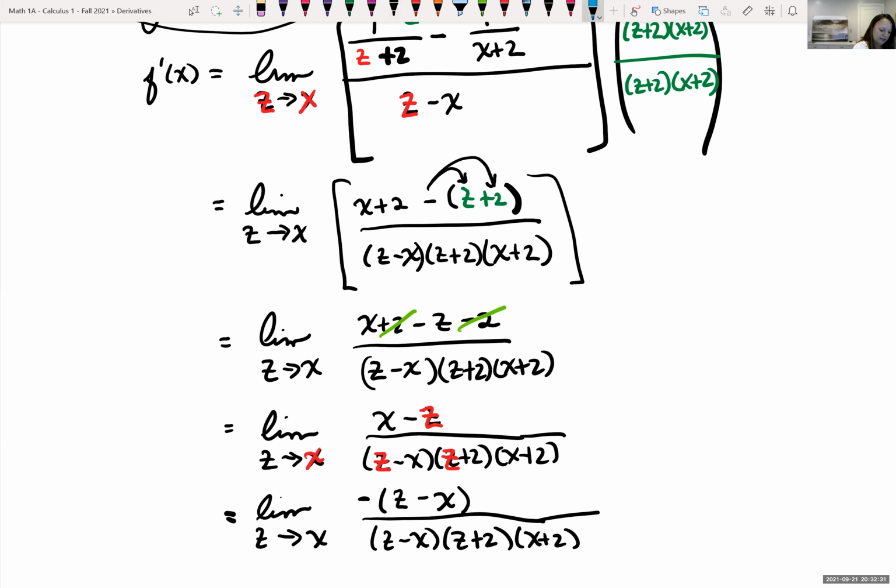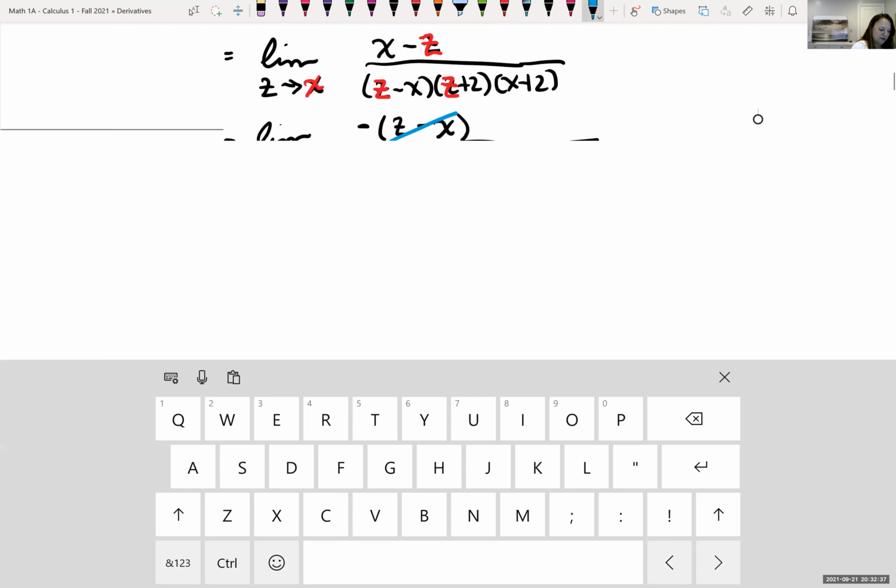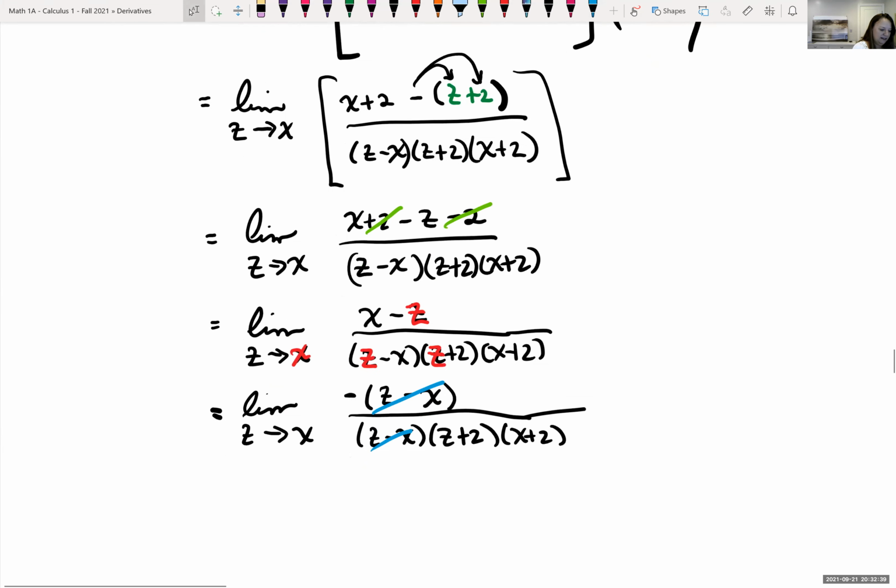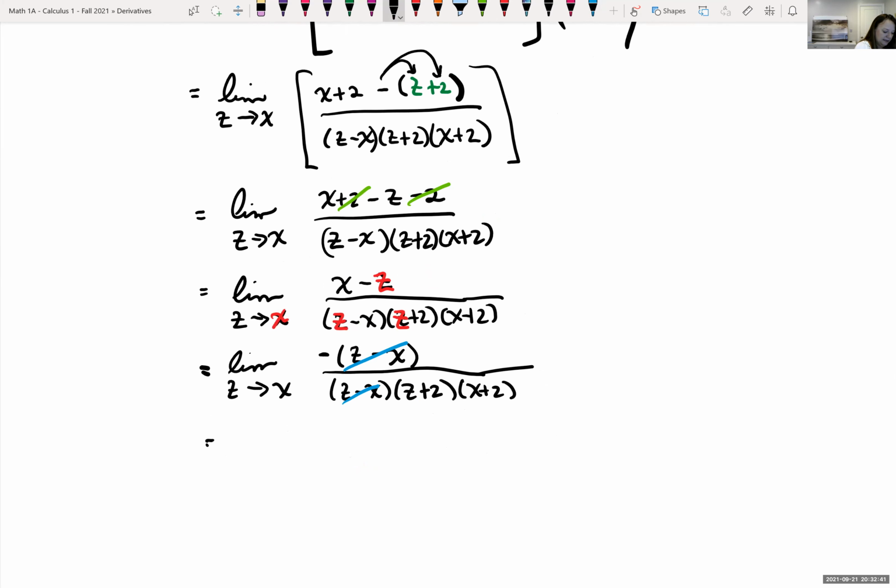So now I can cancel the z minus x's. And now when I go back in to plug in, I notice that it's not going to give me that indeterminate form anymore. So I have -1 in my numerator all over z plus 2, x plus 2.